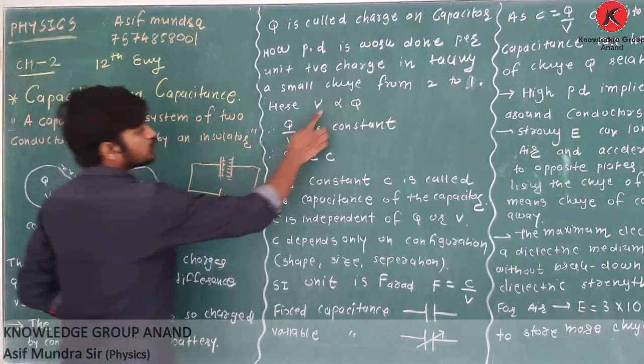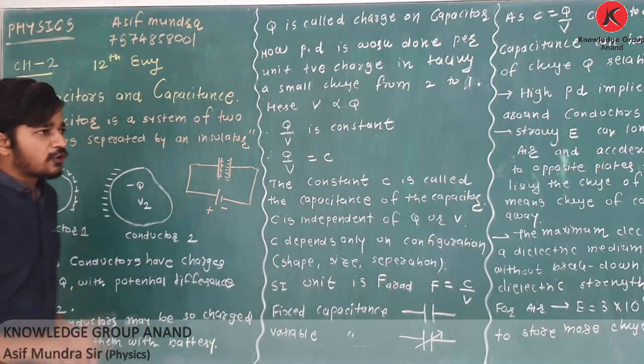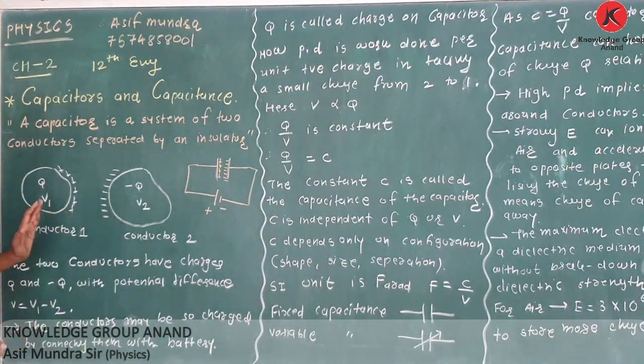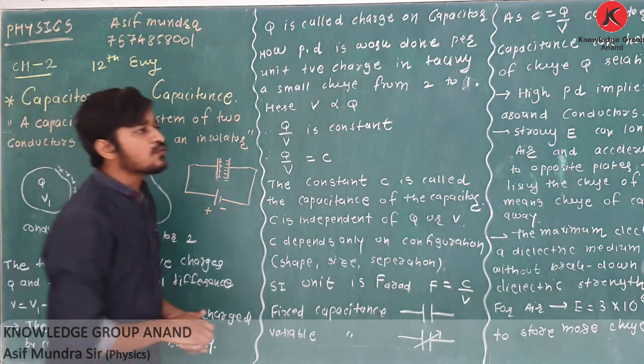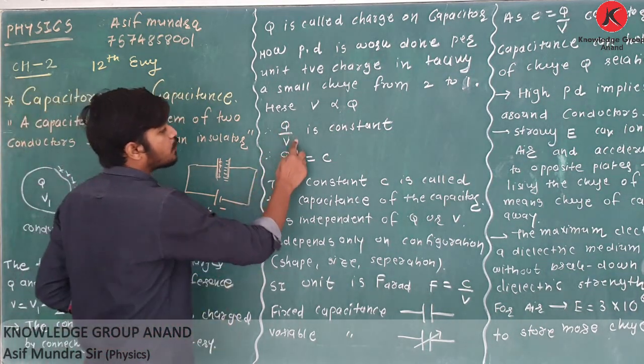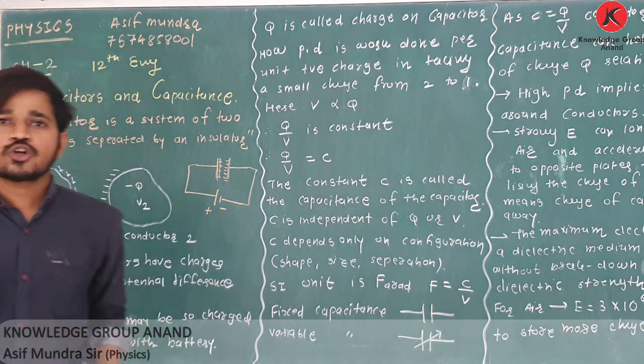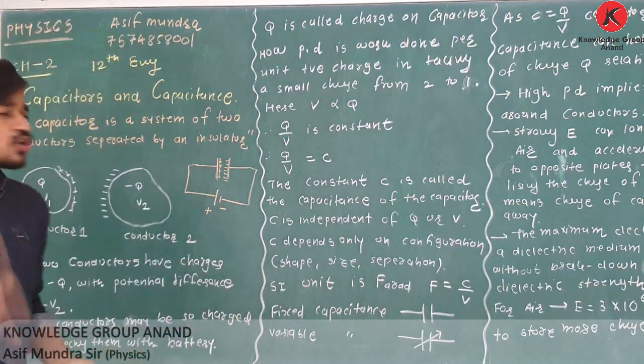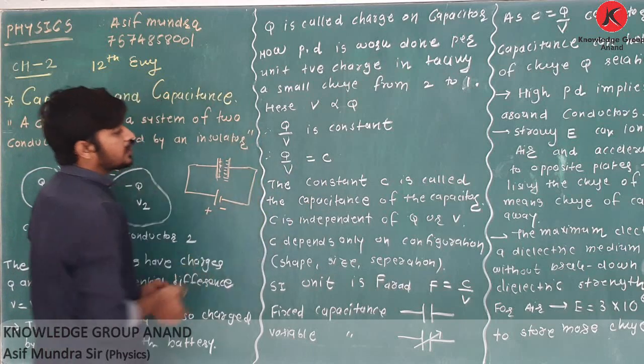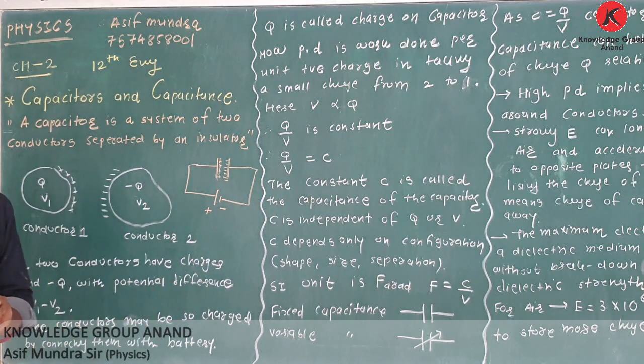V is proportional to Q. For every situation, if you find the Q upon V ratio, it will be constant, and that constant value is called capacitance.